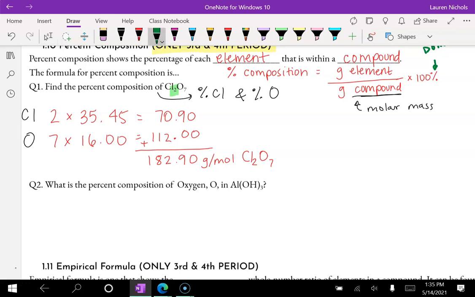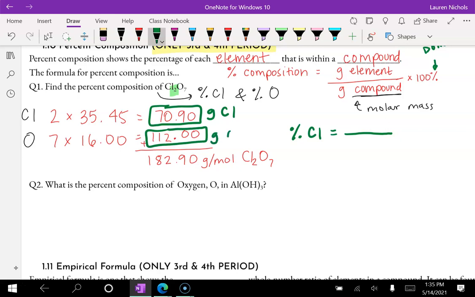So if I want to know the percentage of chlorine that is in this, that would be my grams of chlorine. That's my grams of chlorine. This one here, that's my grams of oxygen. And this one is all of it combined. That's the total. So it would just be 70.90 grams divided by 182.90 grams times 100.